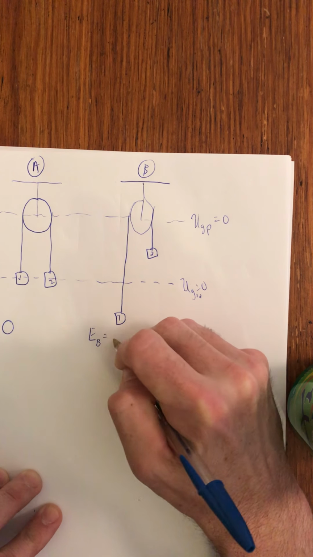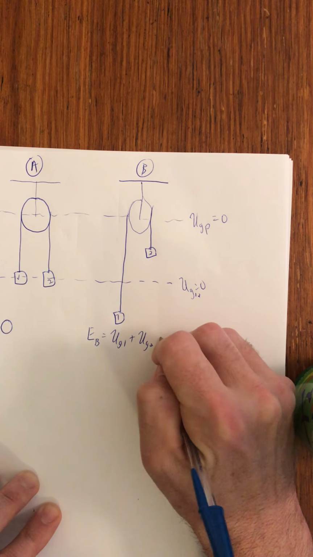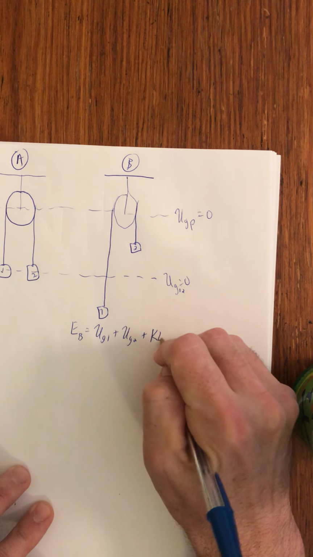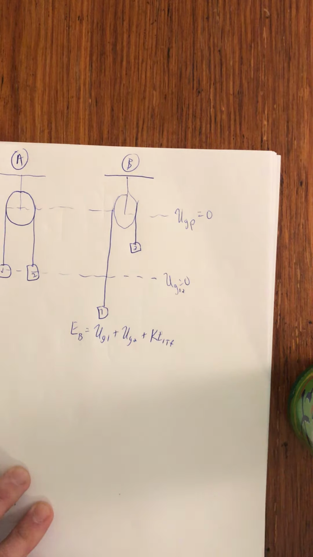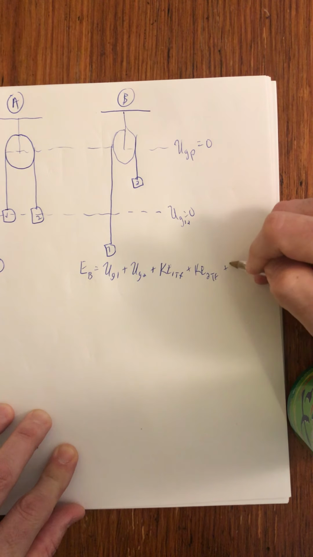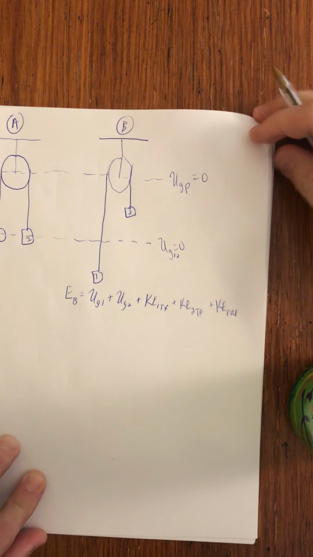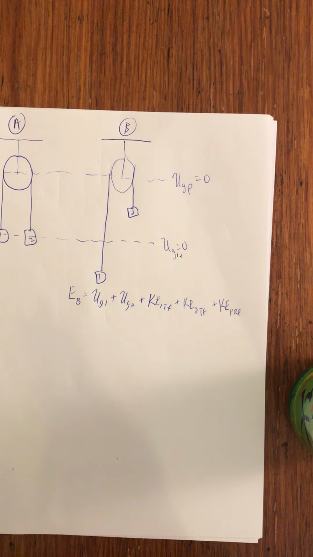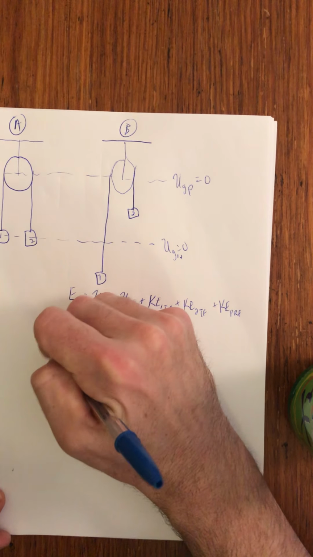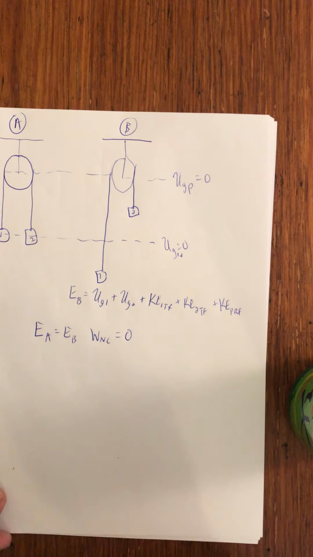So then EB would be UG1 plus UG2 plus kinetic energy 1 translational final plus kinetic energy 2 translational final plus kinetic energy of the pulley rotational final. And we're going to largely get the same result, as we'll find. Sometimes people think this is cleaner. So here's the big trick: EA is equal to EB because the work done by non-conservative forces is equal to 0.